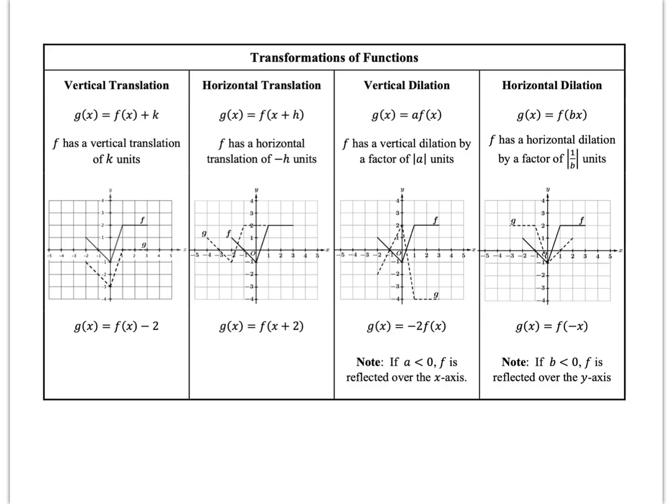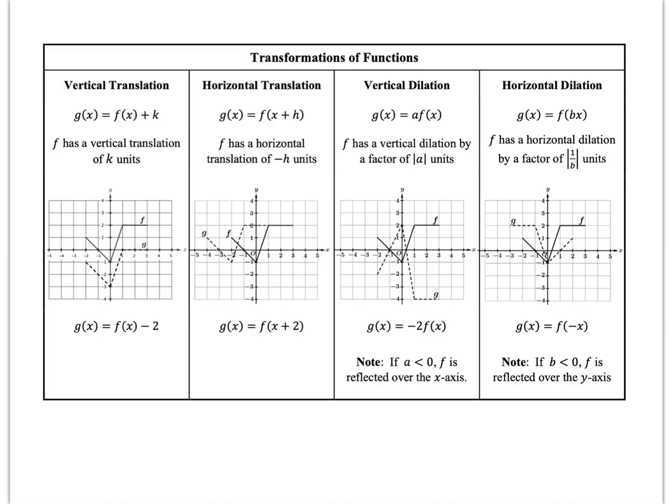So we could say that f has a vertical translation of -2 units. With vertical translations, the translation is exactly what you would think. A positive k is going to move it up in the y direction, and a negative k, like this example here, -2, moved it down 2 in the y direction.